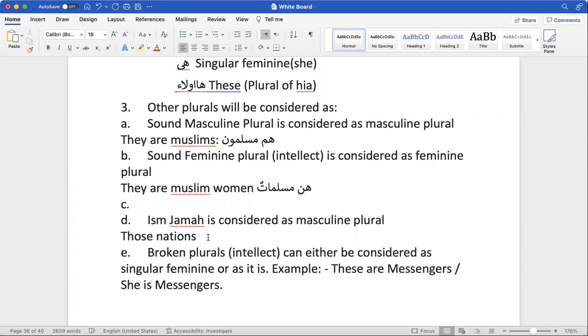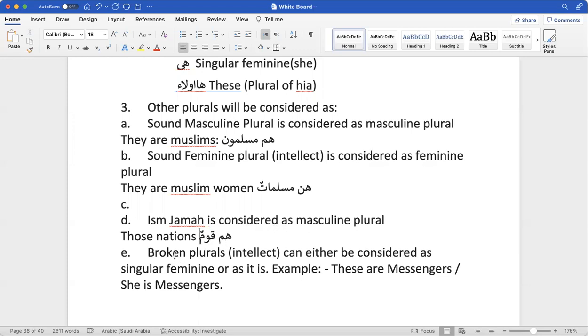You will say hum, common. It means those nations. Correct? Or ulaika common, whichever way you want. But it should be masculine and it should be plural.